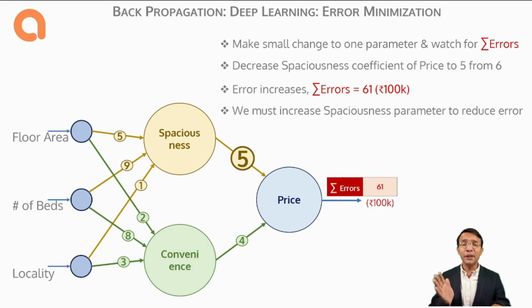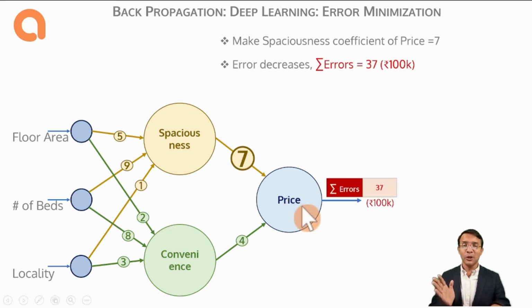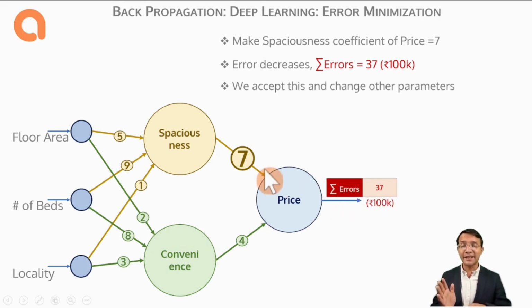Therefore, if we try increasing this parameter, say to 7 now, let us see what will be the change in price. We see that the error has actually decreased from 49,100,000 rupees to 37,100,000 rupees. We accept this change and we keep this parameter as 7 and start changing other parameters.